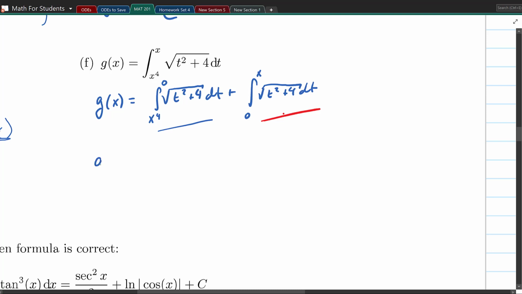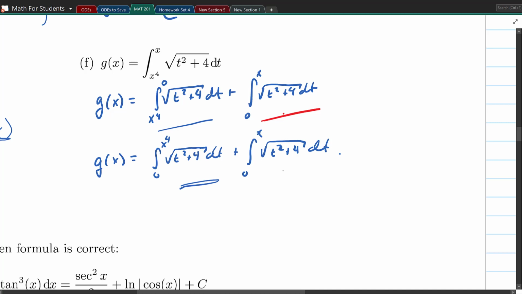So we can go ahead and rewrite this one more time and say that g of x is equal to the integral from 0 to x to the fourth of the square root of t squared plus 4 dt, plus the integral from 0 to x of the square root of t squared plus 4 dt. And now you have two fundamental theorem of calculus problems to do when you go to find g prime of x.